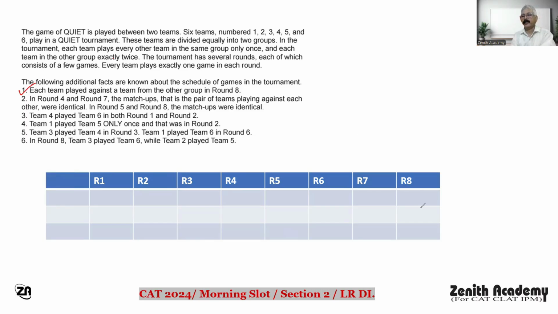In round 8, each team played with a team from the other group. Then condition number 2: in round 4 and round 7, the match-ups, that is, pair of teams playing against each other, were identical. In round 5 and 8 also identical. Means round 4 and round 7 have identical teams, and in round 5 and round 8 also identical.